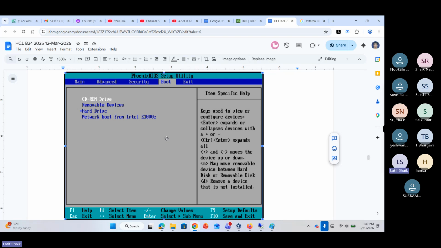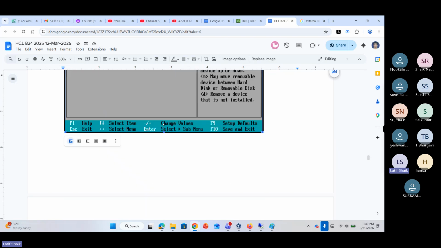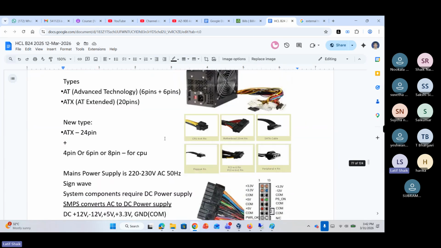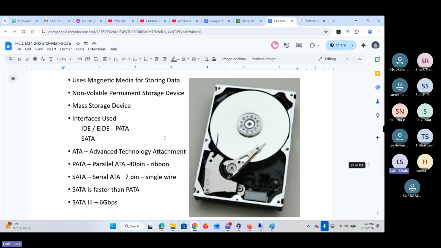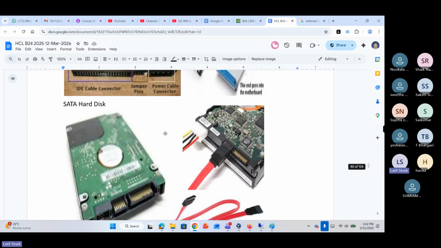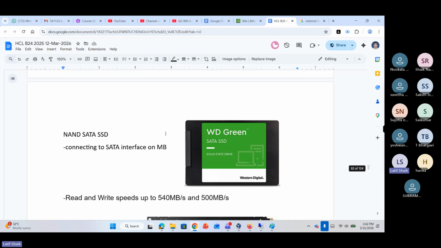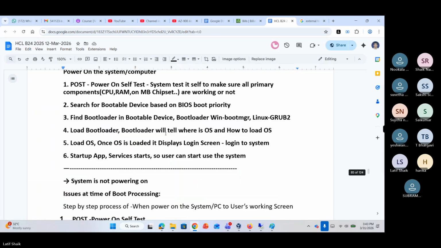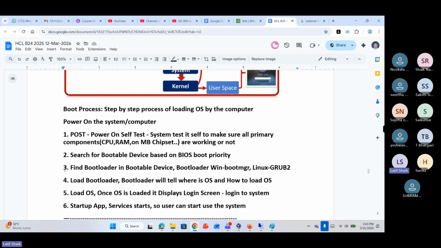Does this hard disk contain an OS? If yes, load the OS from the hard disk. Like that, it will verify one device after another. So the second point is search for the bootable device based on the BIOS boot priority list. Next.